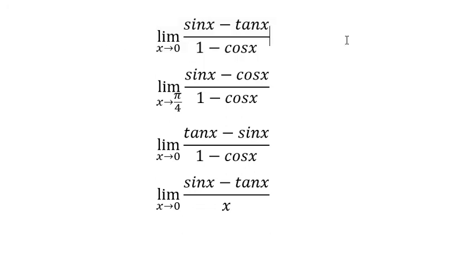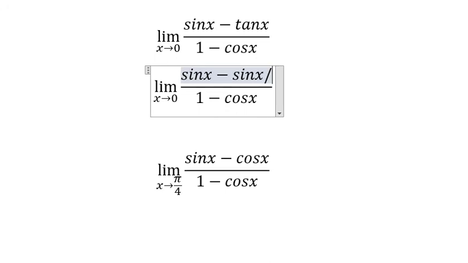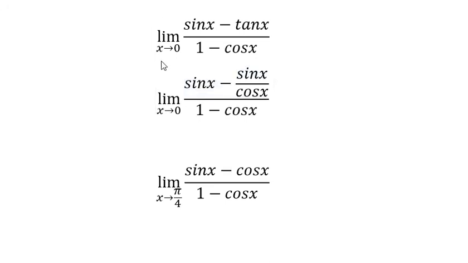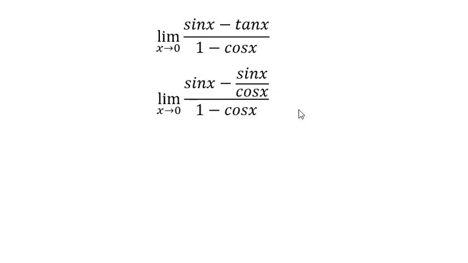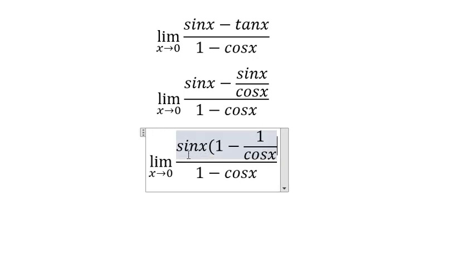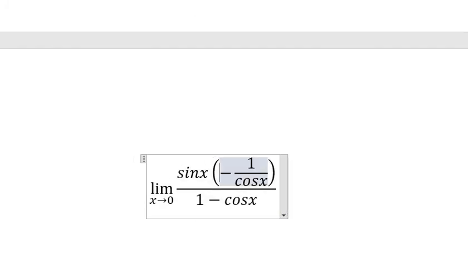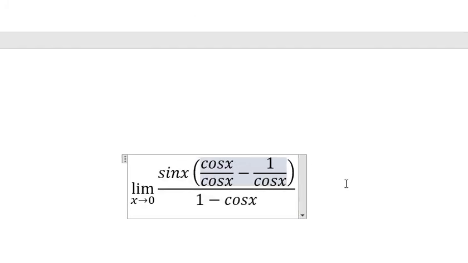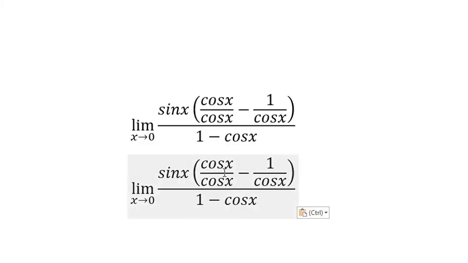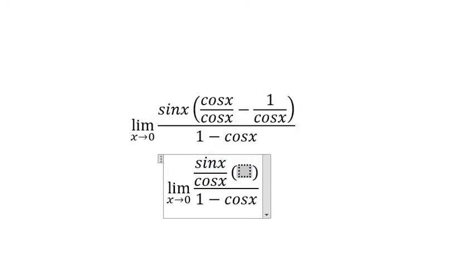The next one, tan x is sin x over cosine x. Now we can do factorization by sin x. Next, number 1 is cosine x over cosine x. Now I can do factorization by 1 over cosine x. So I will put cosine x here, and this one you get cosine x minus 1.